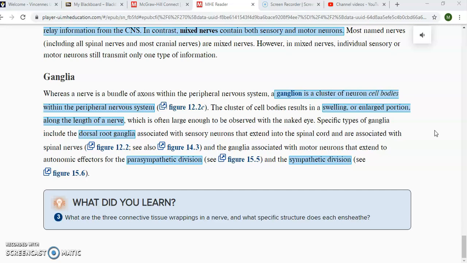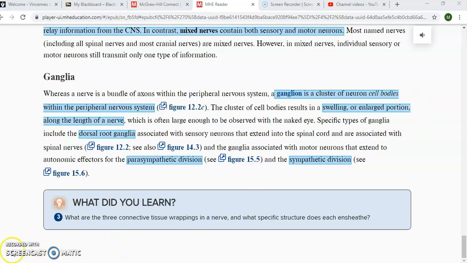They have ganglia as well, called parasympathetic and sympathetic. When we get to chapter 15, we'll talk about those ganglia too. So those are the nerves and ganglia that you should be familiar with when it comes to the anatomy of our nervous system.